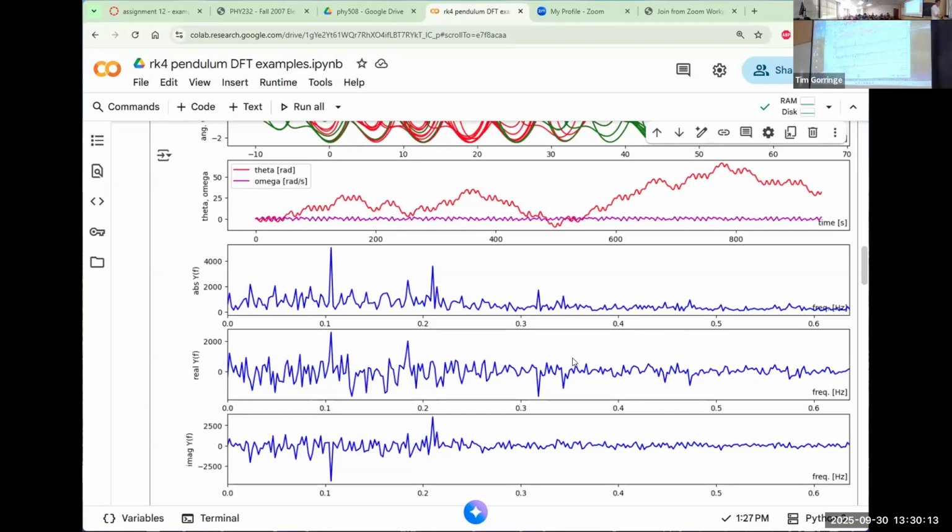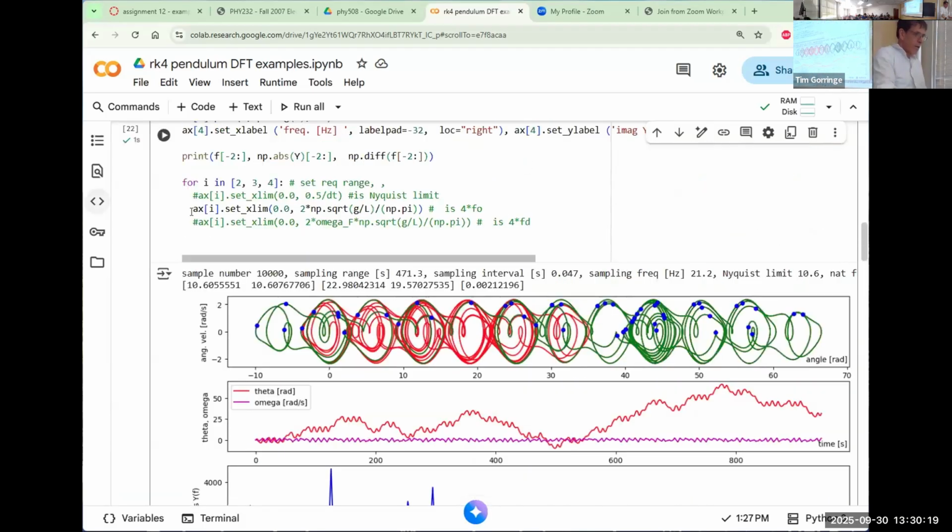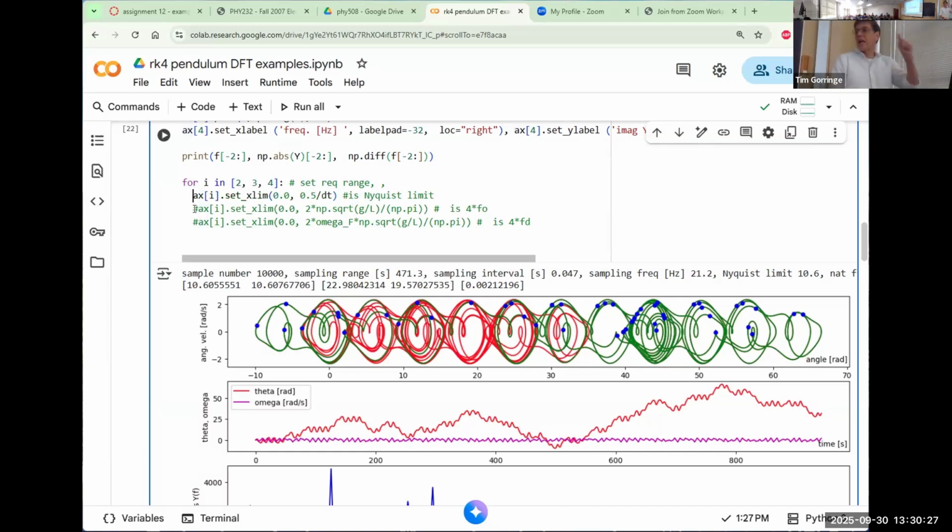If I was to expand the scale, let's go back up. We were looking at a reduced scale to see the natural frequency and the driving frequency, but go back to the full range.